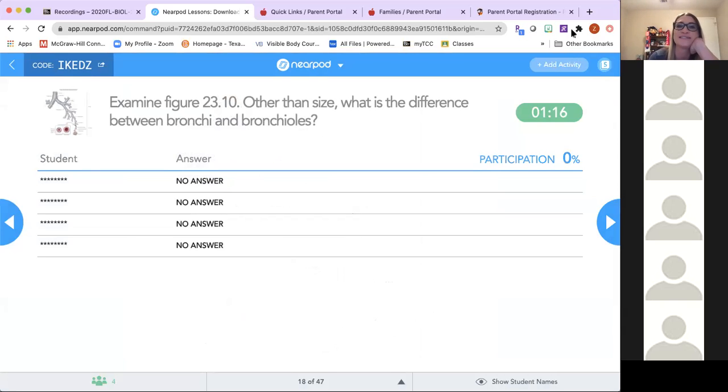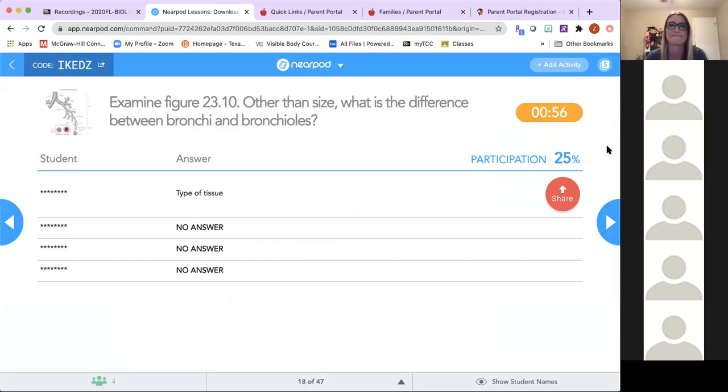So other than the size, what do you think is the difference between bronchi and bronchioles? Look at that picture, observe it for a while, and see if you can see what, when we start talking about bronchioles, what is one structural thing that is going on with these?